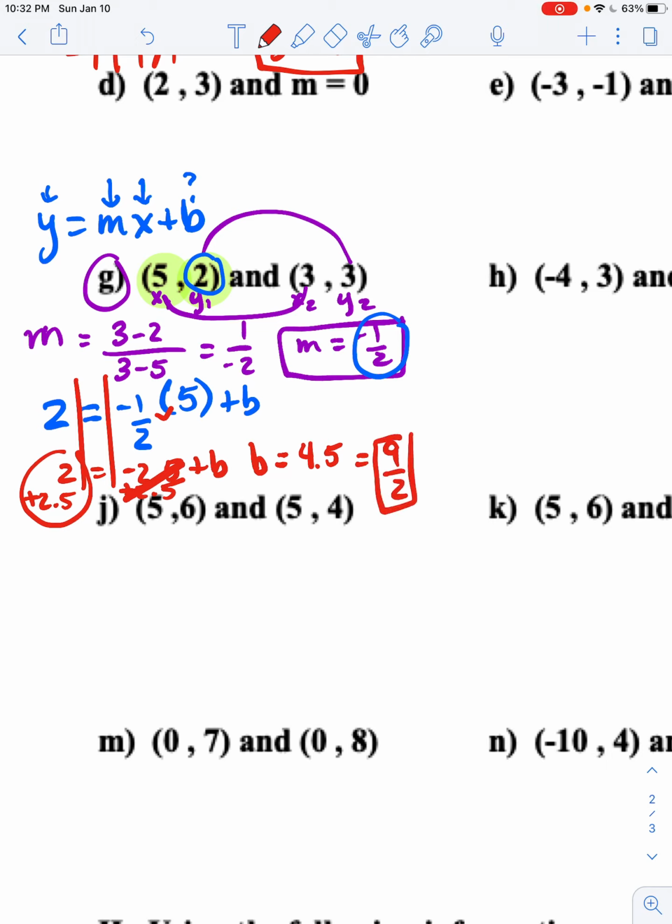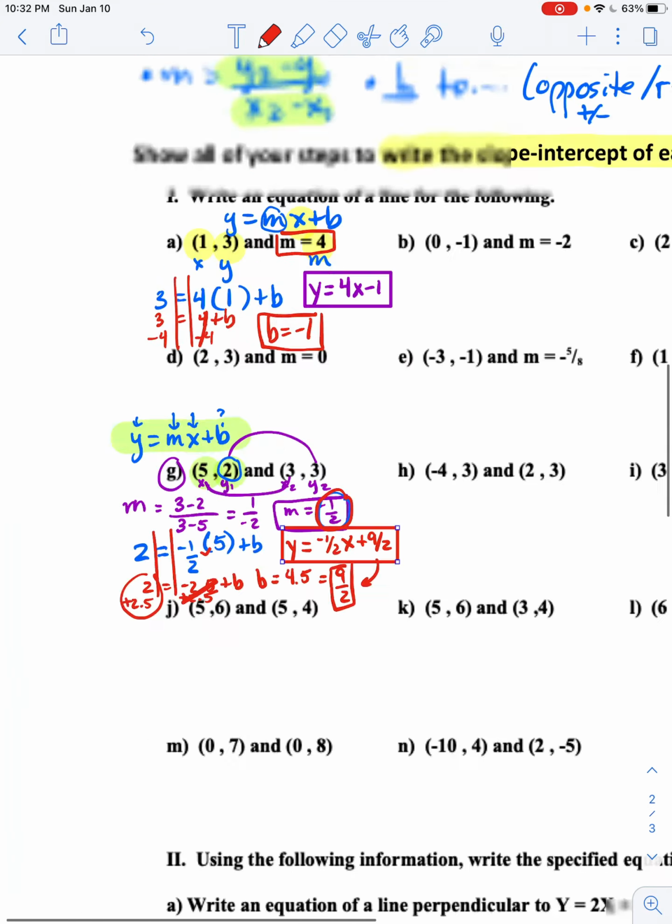So I always write it like that because I'm a math teacher, but however you write it is fine. Now keep in mind, you're trying to write this equation. So I write y equals, and then the m value that I found right here, then my x, and then the b value that I found right there. So in the end, this is my equation.